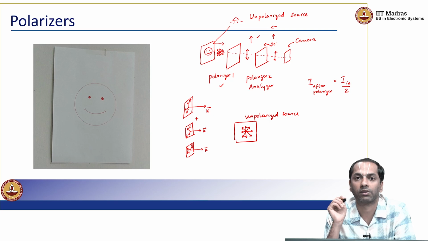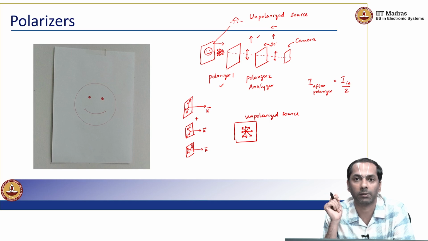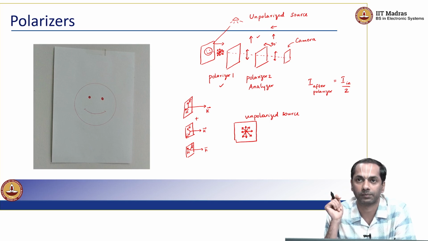Since there is a conflict in the directions, the combination of polarizer 1 and 2 with their optical axes perpendicular to each other is completely able to block the light coming from the object into the camera. So, this is what we observed. Okay.